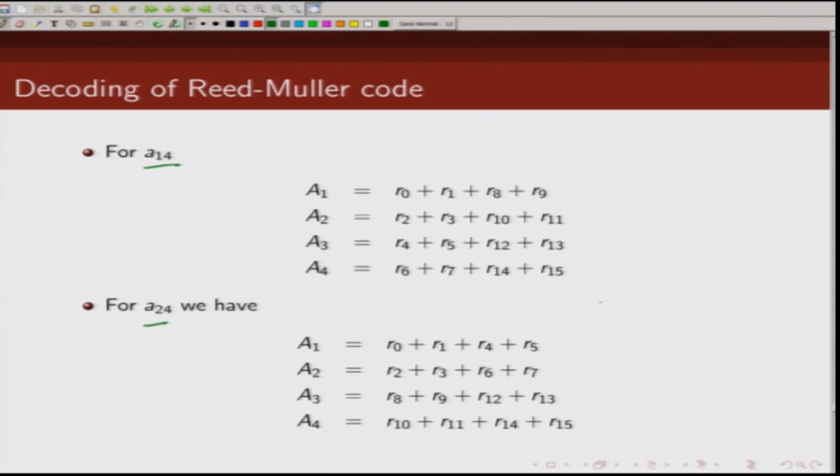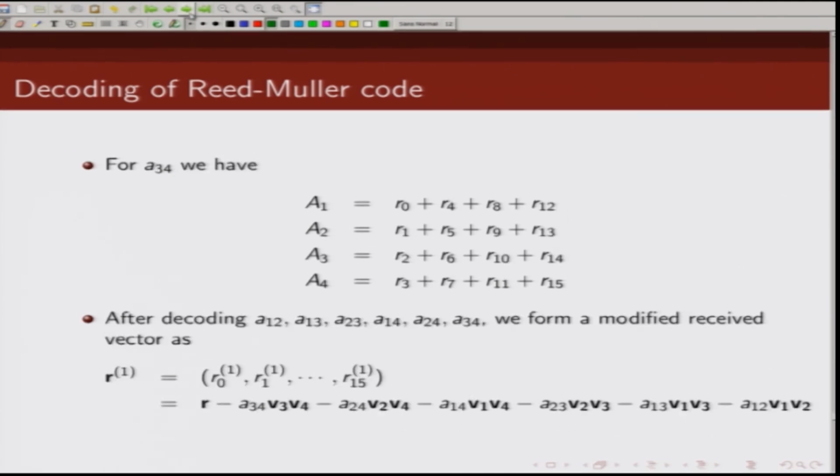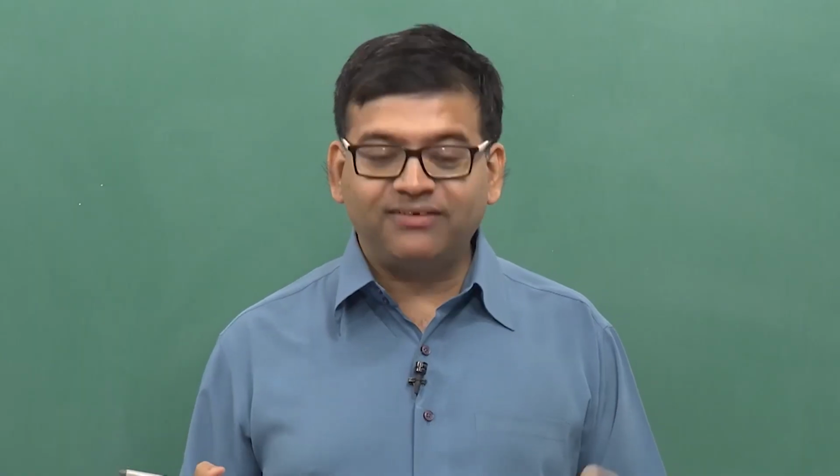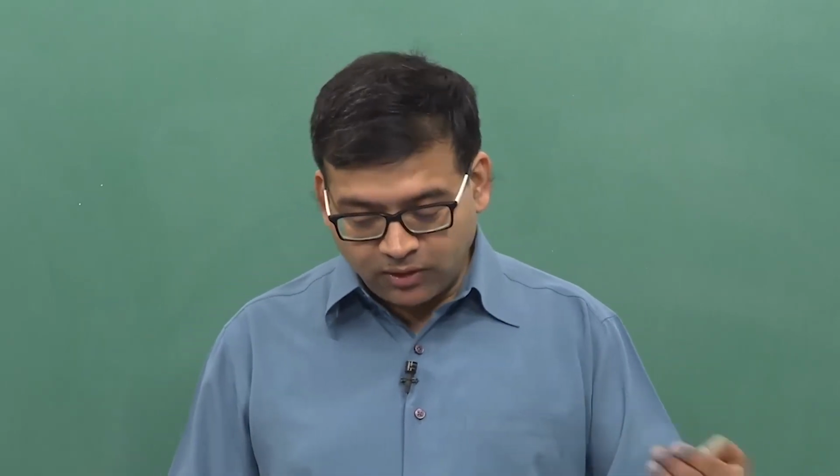You can verify yourself that if you add these bit locations, you will get independent information about A14, and similarly for A24 and A34. Now, once you have decoded A12, A23 and all of these, remember the way we are decoding: we are getting 4 independent views about the same bit. If the majority of them are saying it is 0, we go for that; or else if the majority are saying 1, we go for that.